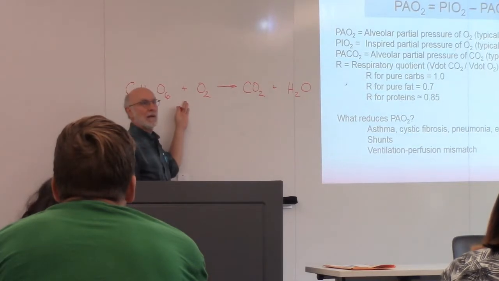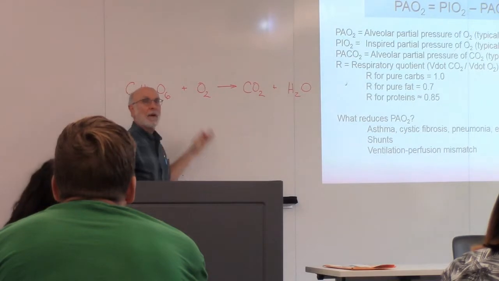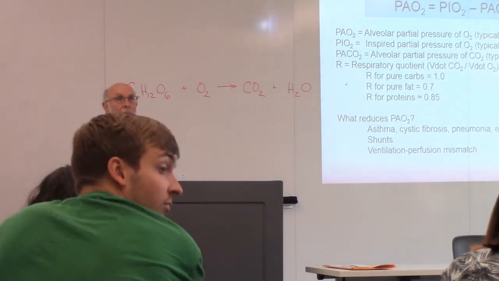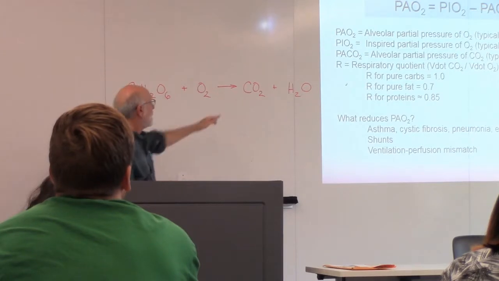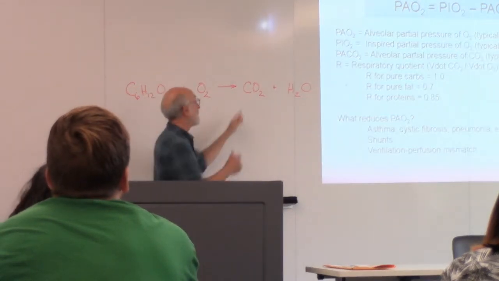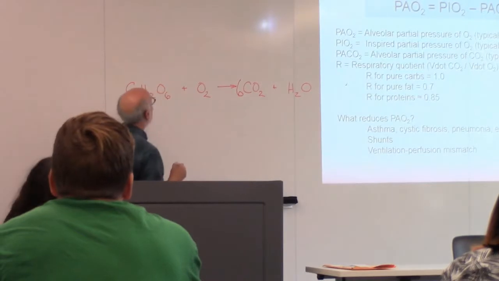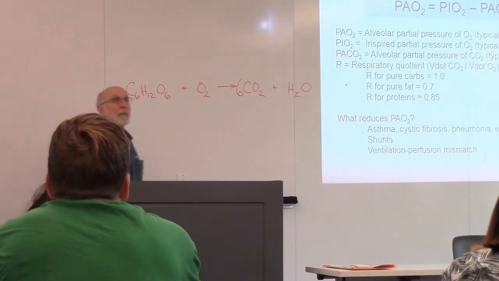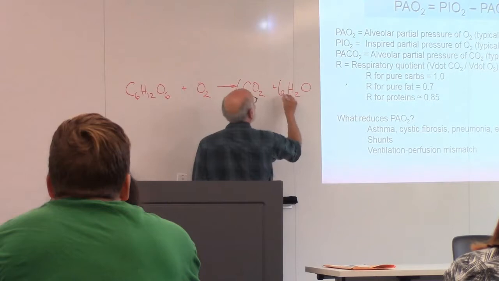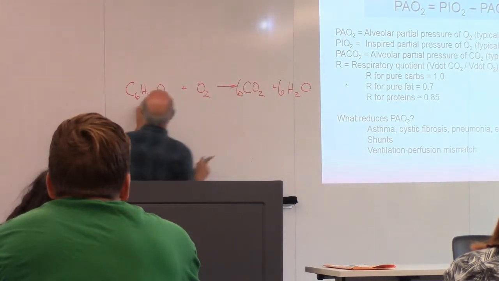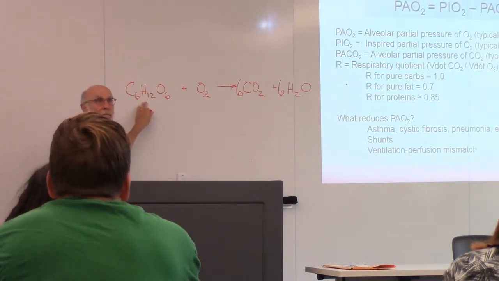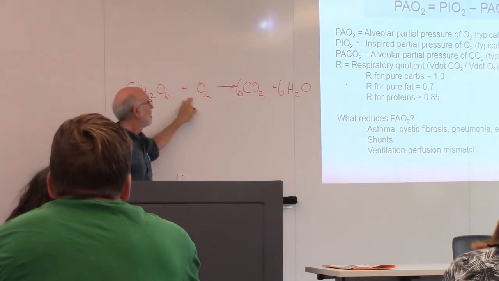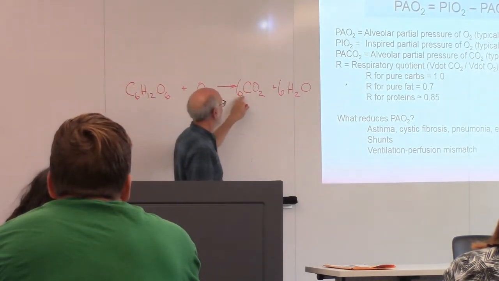How many oxygens? Pardon? Okay, we can do it. How many carbon dioxides? 6. We got a balanced carbon. So 6 carbons, 6 carbons. Somebody else tell me a number. For what? For water. 6 waters. 12 hydrogens? 12 hydrogens. So how many oxygens? 6.